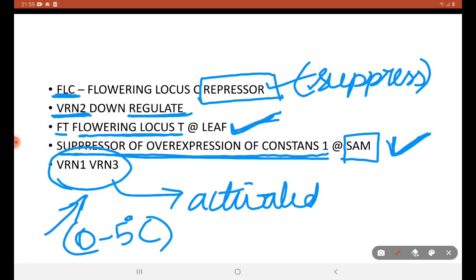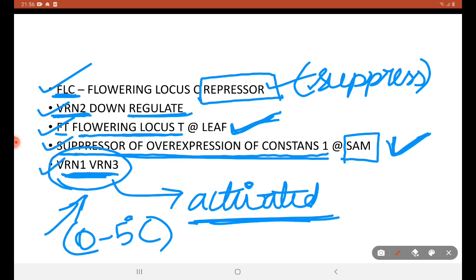They are activated and give responses when they are exposed to cold treatment. These are the components: FLC, VRN2, FT, suppressor of overexpression of constans 1, VRN1 and VRN3. These are the various components of vernalization.